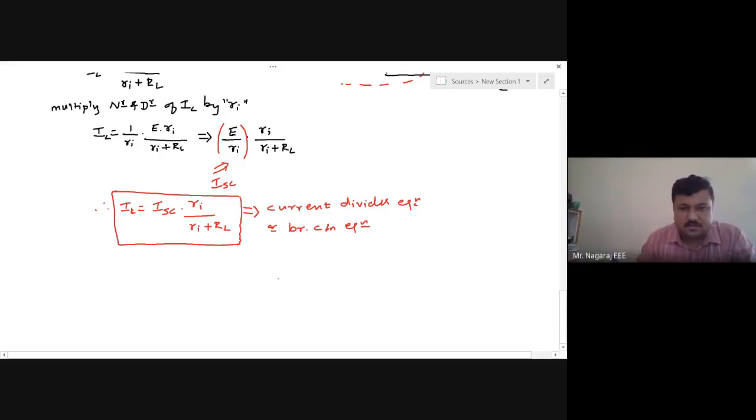So I can realize this equation practically as a two branch circuit. I want the current IL. Now, if this is RL, this is Ri. Fine. This is the current IL.